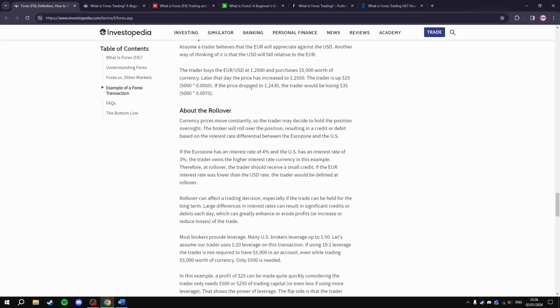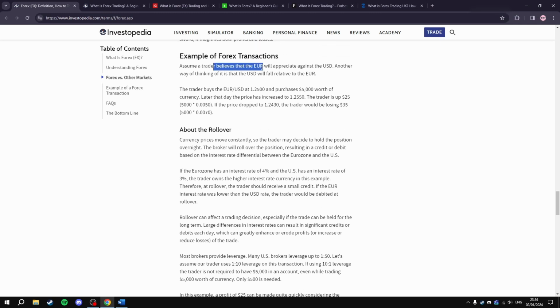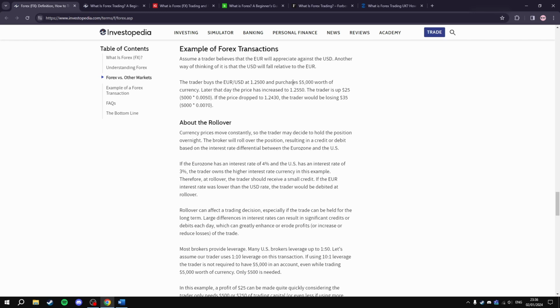Examples of Forex transactions. Assume a trader believes that the EUR will appreciate against the USD. Another way of thinking is that USD will fall relative to the EUR. So that means each USD is going to take less EUR to buy.